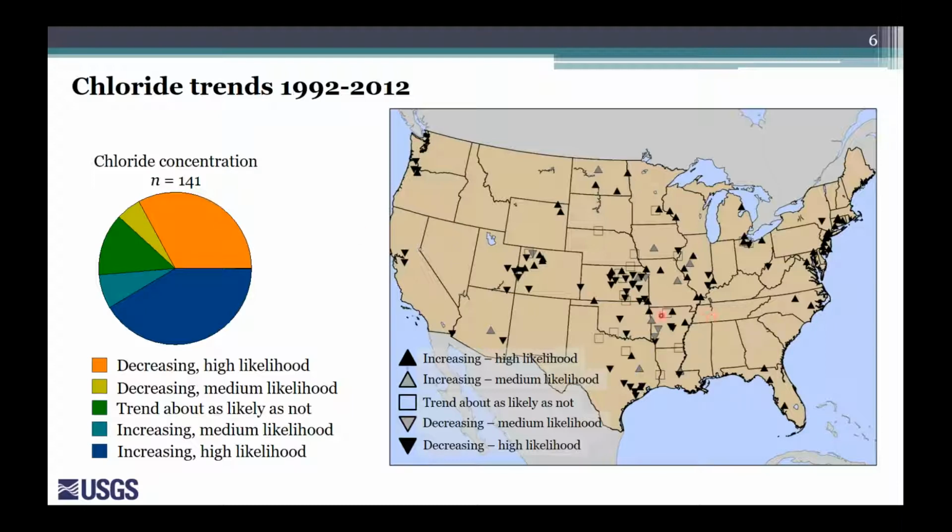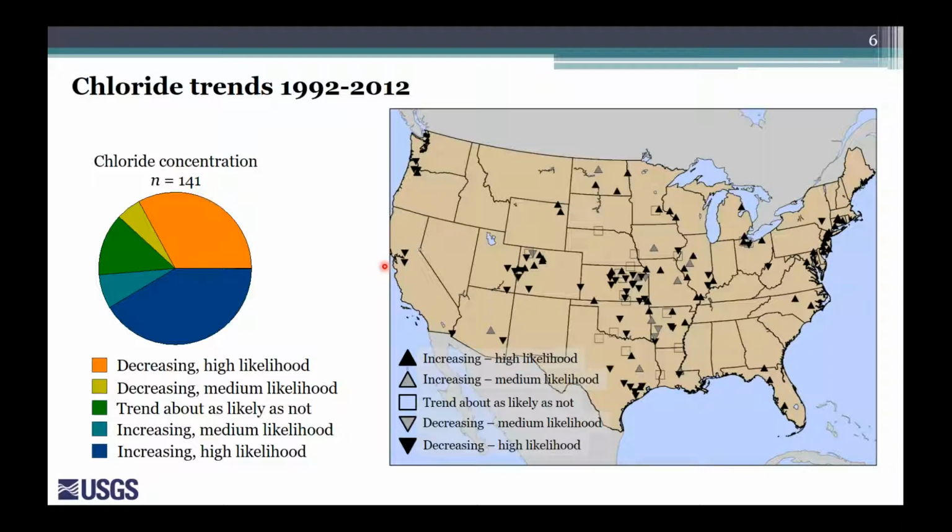One thing you can't really see on the map, unfortunately, is that there are a lot of up arrows in the northeastern United States. This goes along with what Sujay Kajal had found and Steve Corsi also identified: these snow-dominated regions are the places where we found the highest increases in chloride, okay?